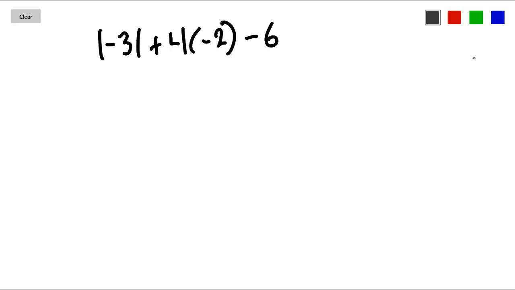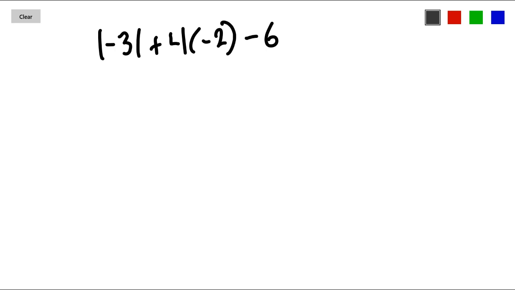So let's go through an example here. Let's say I have the absolute value of negative 3 plus 4 times negative 2, minus 6. The first thing is all of the parentheses and the groupings.